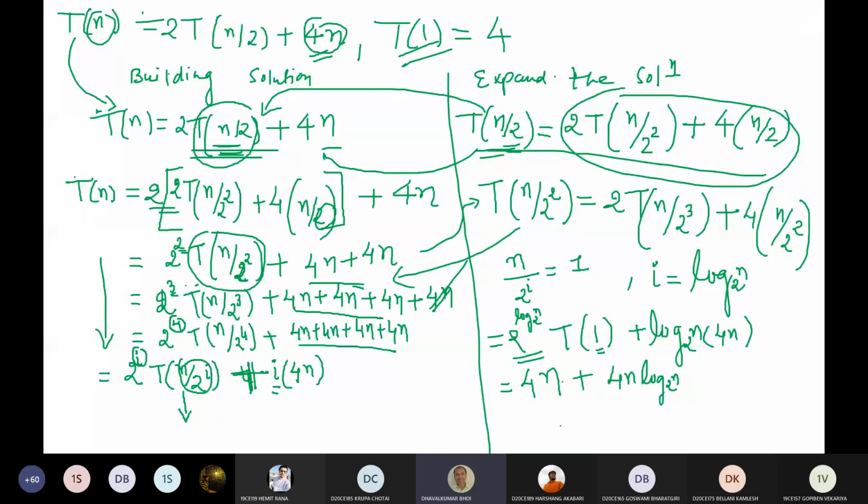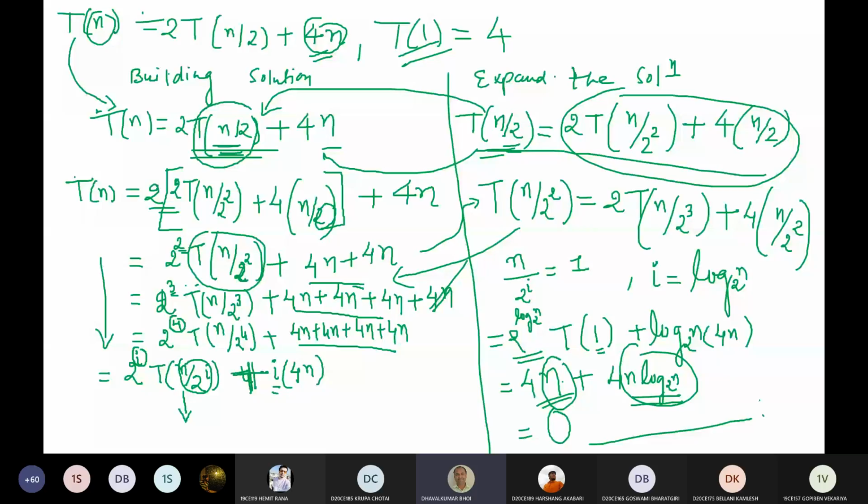So we can say it is equal to order of the higher order term. Is 4n a higher order term or 4n log n base 2 a higher order term? Which is the higher order term here? Whichever is the higher order term, that will be the solution.